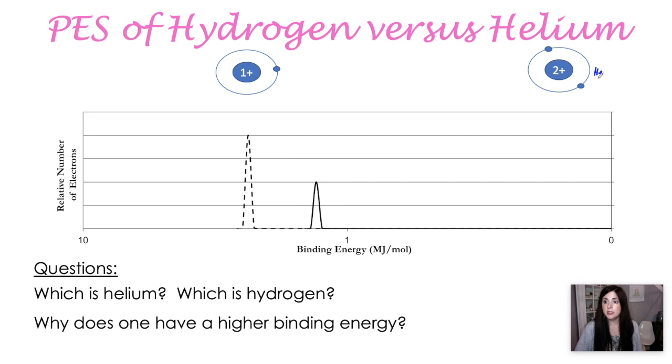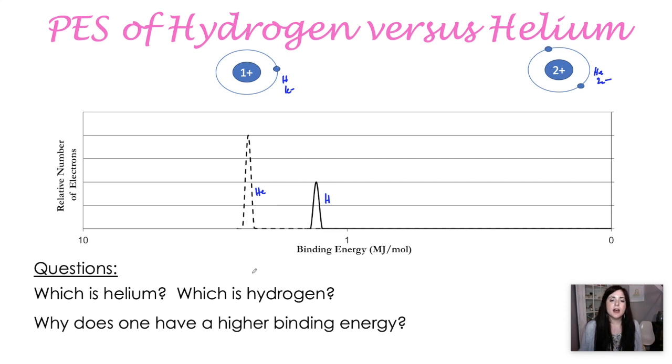Helium has 2 electrons total, whereas hydrogen has only 1 electron. So this first peak, the one over towards the right here, must correspond to hydrogen, whereas this peak must correspond to helium. And really, I only know that based on the height of each of those.